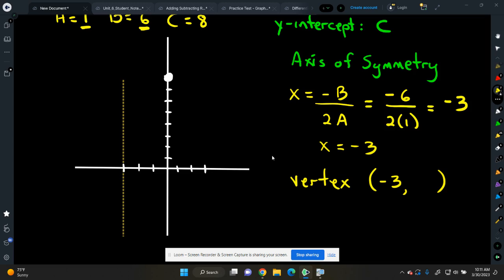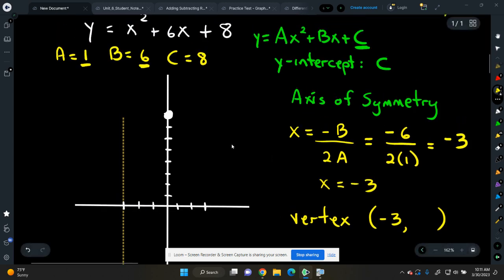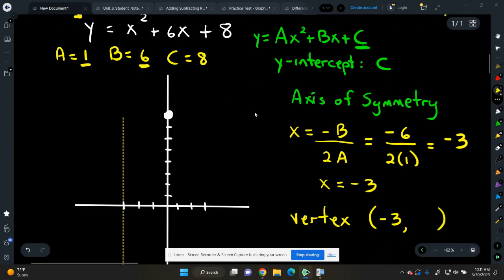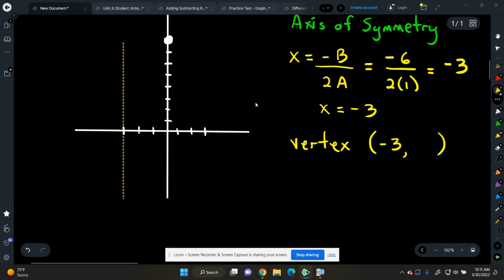Okay. Now, what I need is the y. Is there any place that I can put that x value in to find y? How about right here? Okay. Let's look at that equation. Y equals, it tells me. I want to know what y is, right? I'm like, oh, let me see. I know x. How do I find y?